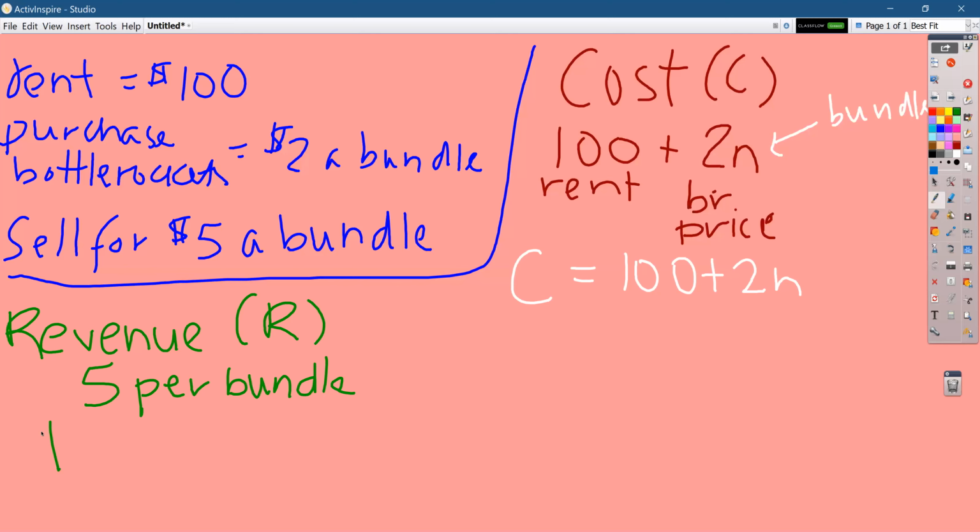So that means R is equal to 5N. I hope that's making sense to you.